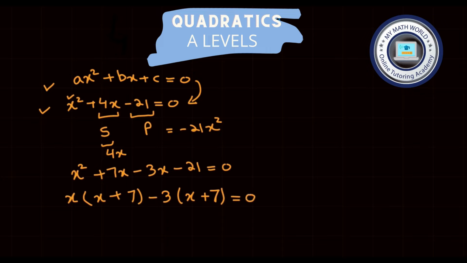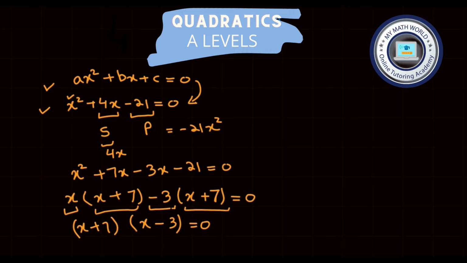Okay, we can see that this x plus 7 and this x plus 7 are both the same factor. So I'm going to take this out as the greatest common factor. So x plus 7 is out as the common factor. Then this x and this minus 3 are the remaining expressions, so they come in as the other factor. So x plus 7 times x minus 3 is equal to 0.